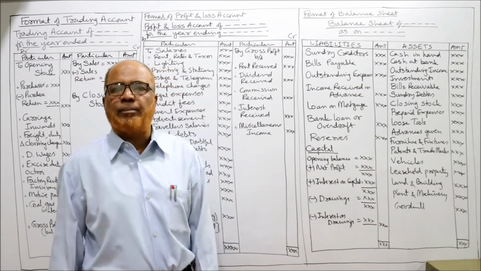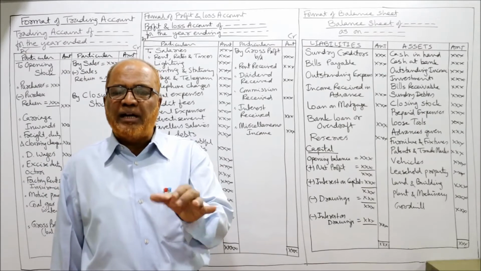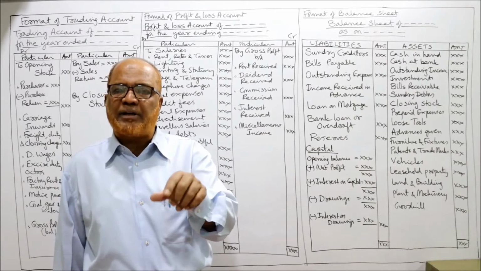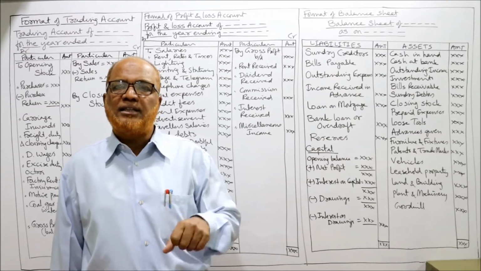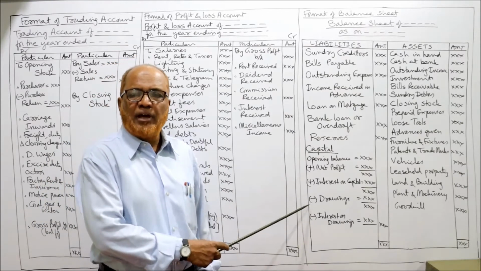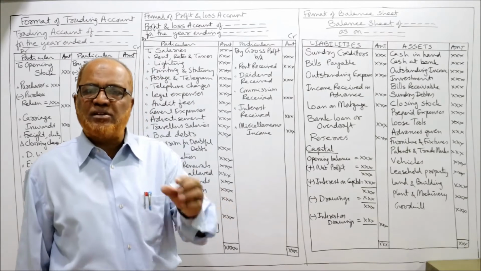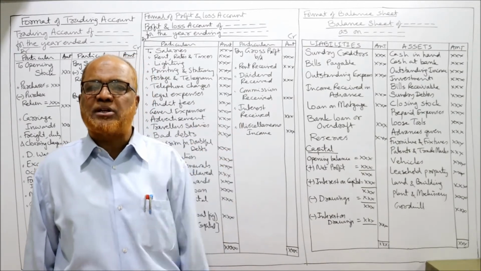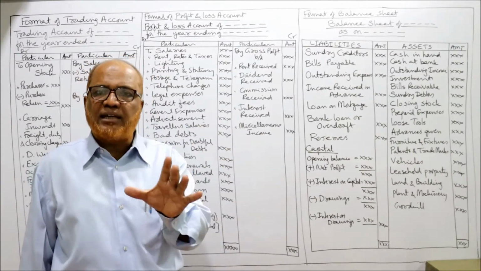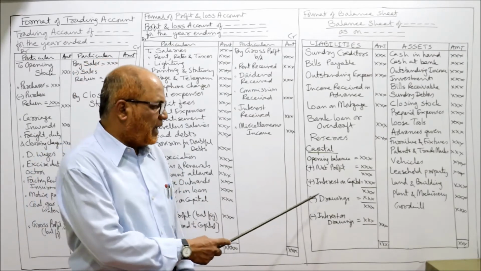Add interest on capital. If the problem says that interest on capital has to be paid, then interest on capital will be added. Not every problem has interest on capital. Some problems will specify in the adjustments that interest on capital has to be provided. In that case, it will be added.